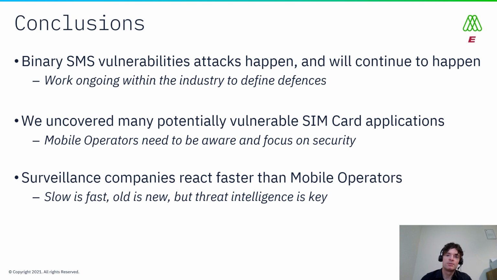They think in terms of targets, and they will use whatever technology and whatever methods they can to get information on their targets. And so to stop that happening, threat intelligence is key. Knowing what types of attacks, knowing the capabilities of the mobile network, knowing what they've tried to do in the past, and understanding what they may try to do in the future is key.